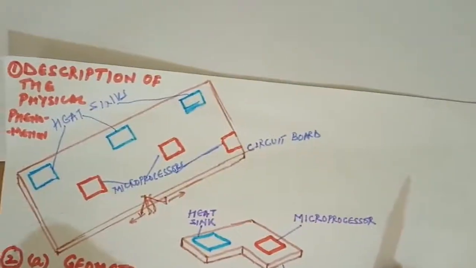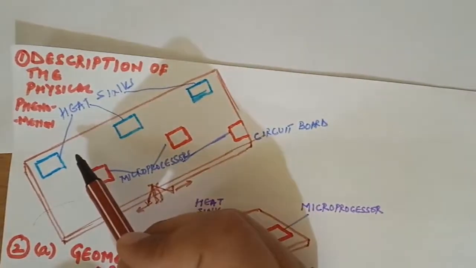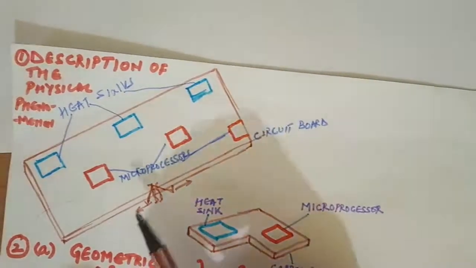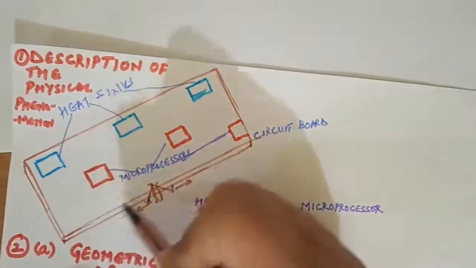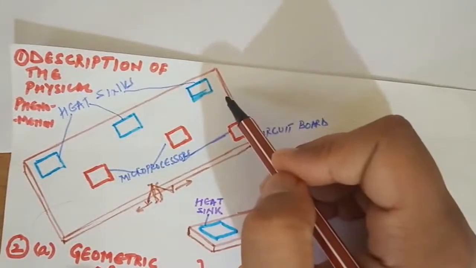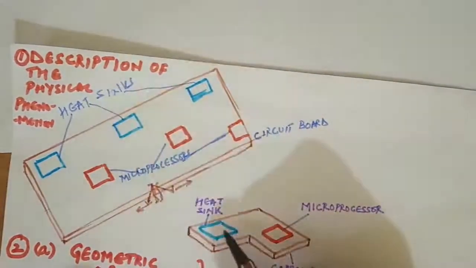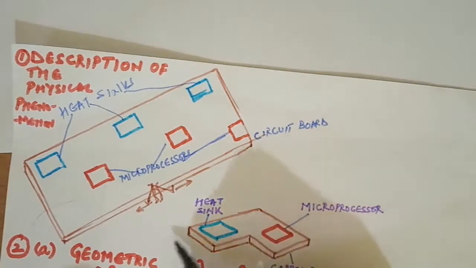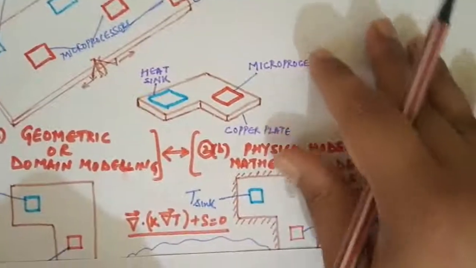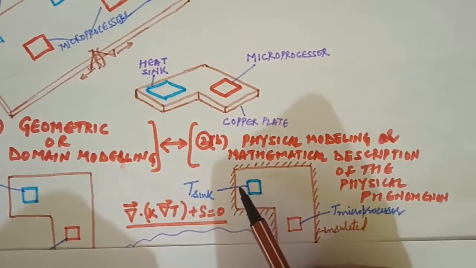And one thing more, because we have taken the benefit of symmetry here, to simplify the model, what we have assumed is that this unit cell repeats in this direction, so there is a kind of symmetry here. As we know from our heat transfer concepts, any kind of symmetry means adiabatic boundary conditions. So we have made this boundary adiabatic.